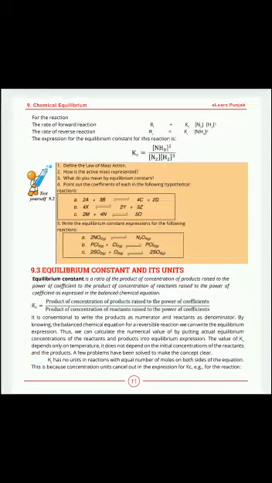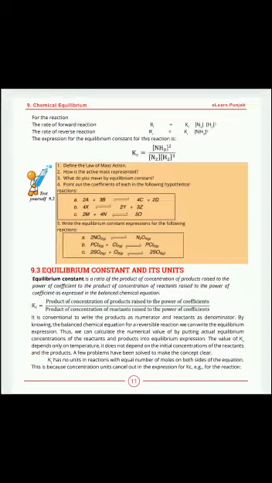Reactants are A and B. We will write the product of concentration of A and B raised to the power of coefficients, small a and small b at the power place. It is conventional to write the product as numerator and reactants as denominator.